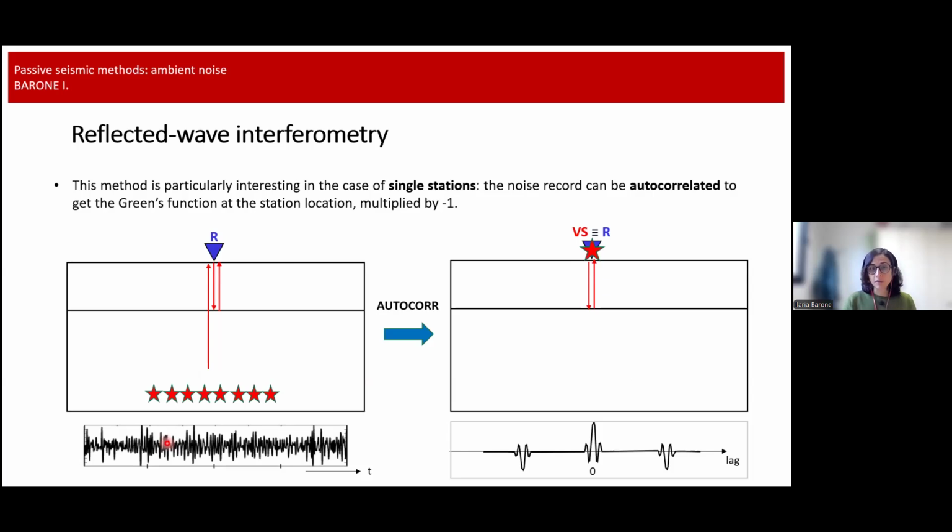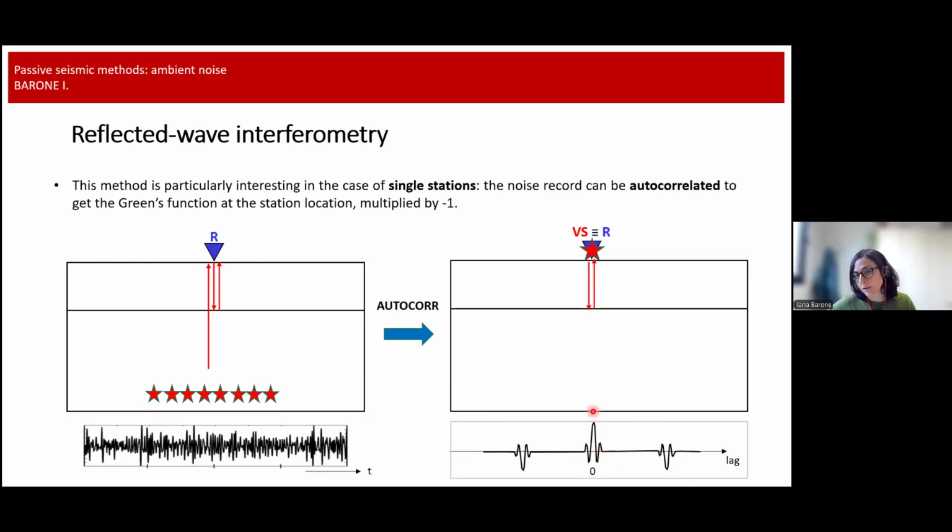And this is a very convenient method when we have single stations. So let's suppose we have just one station here, and we have all these noise sources in the subsurface. The energy is going up and then is reflected down and then back to the surface, because here we have a reflector. If we apply autocorrelation, so if we correlate the noise signal that we record in R with itself, what we get is something like this.